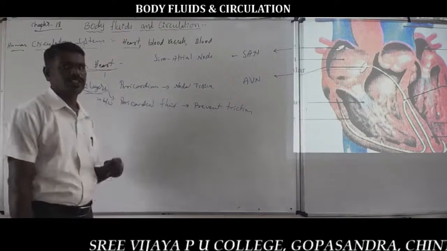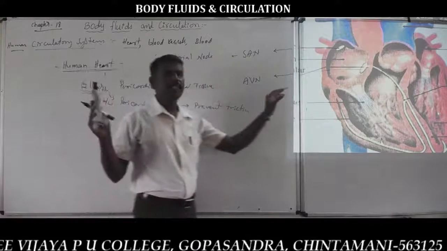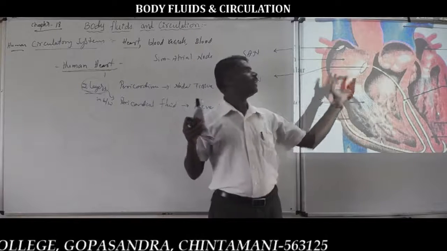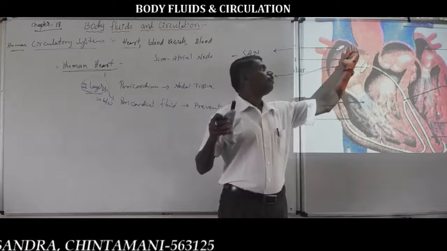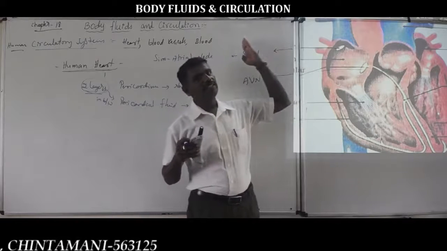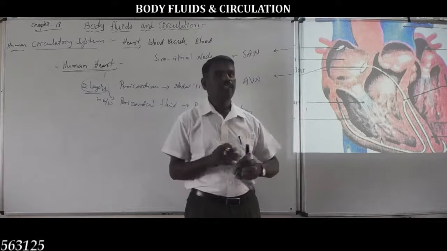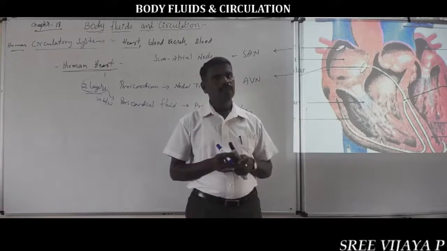The sinoatrial node is located on the upper left side of the right atrium. It initiates the systole of the atrium.